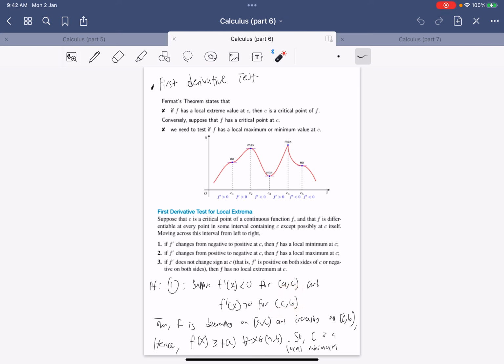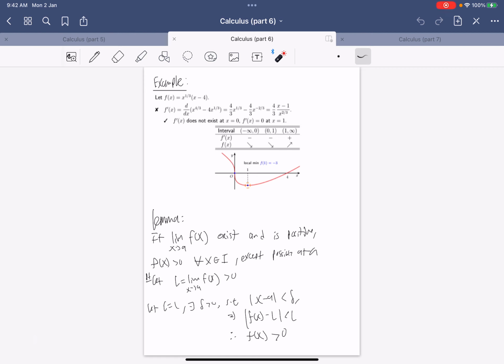And that literally just translates to saying f(x) is always larger than f(c) to the left of c, and f(x) is always greater than f(c) to the right of c. This means that f(x) is always larger than or equal to f(c) for all x in (a, b). So c is just a local minimum by definition. And hence, you have now used a way to test whether a critical point is a local max or min.